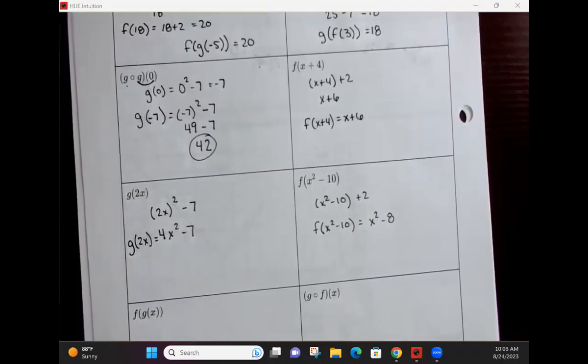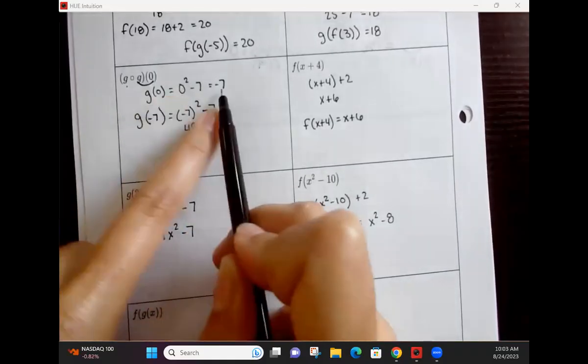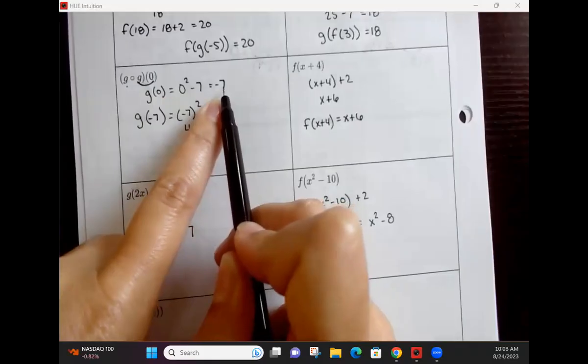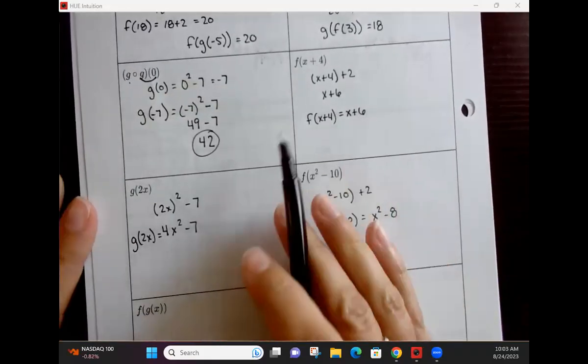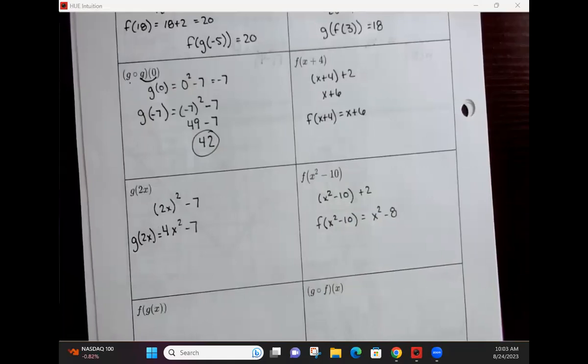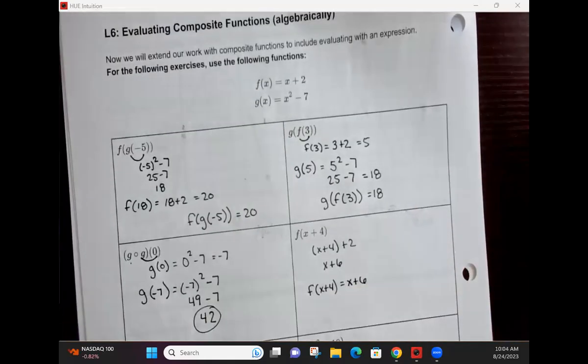There's not a first step for me to do there, like here, where I had to plug in 0 for x and then figure out what that value was. But we're keeping the x this time. So I don't have to do that first plug-in step because it's already written in terms of x. Okay, so that's how these are a little bit different.